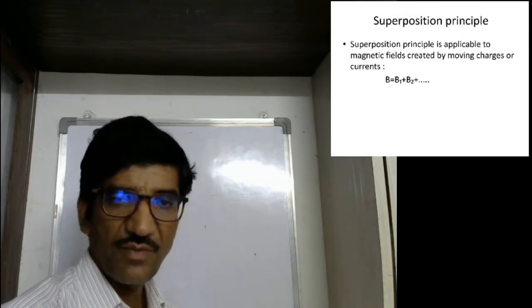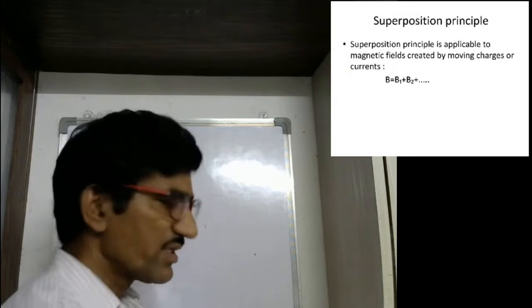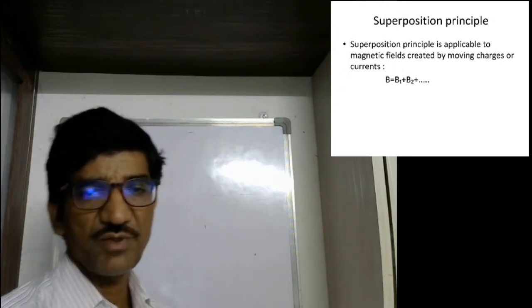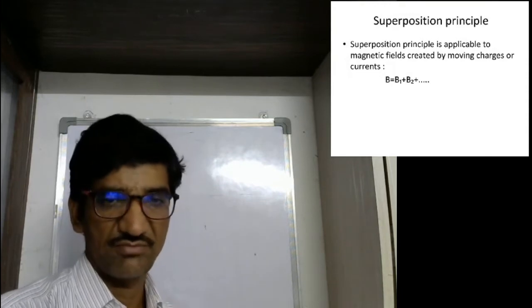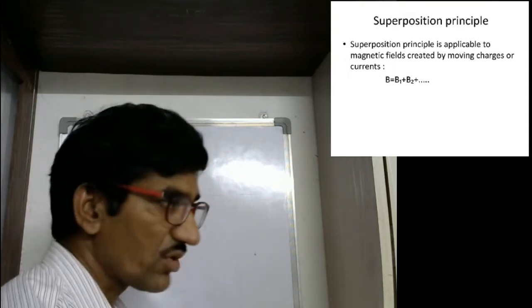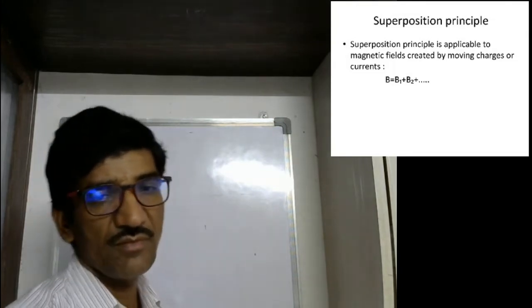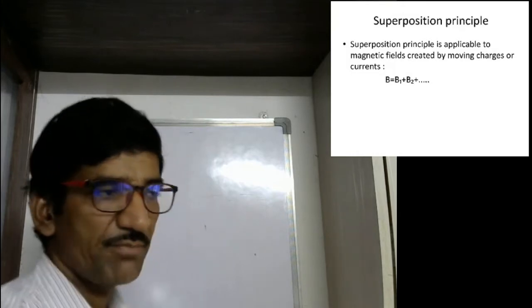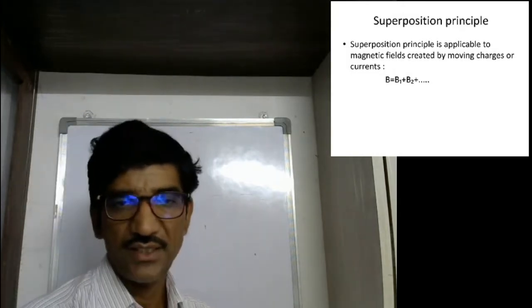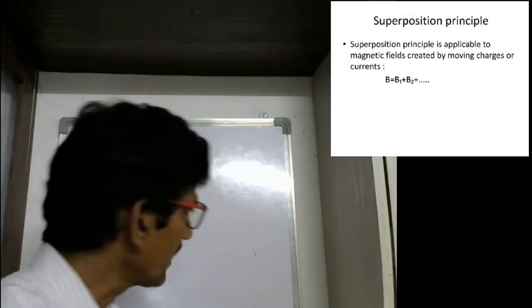Similarly, we also studied the superposition principle applicable for the potentials. If there are more than one charge at a place, then to know the total potential at some point, we apply the superposition principle for potential as well.